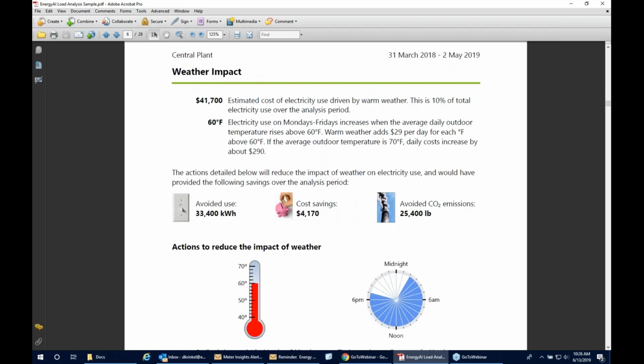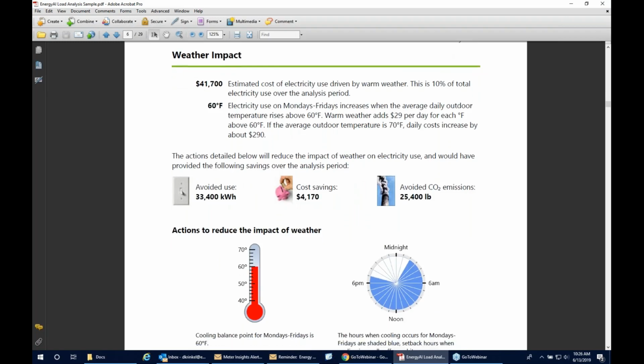Weather impact. Now, those of you who are metrics users are familiar with the weather regression analysis that is done for M&V, and we're pretty much following that same methodology.